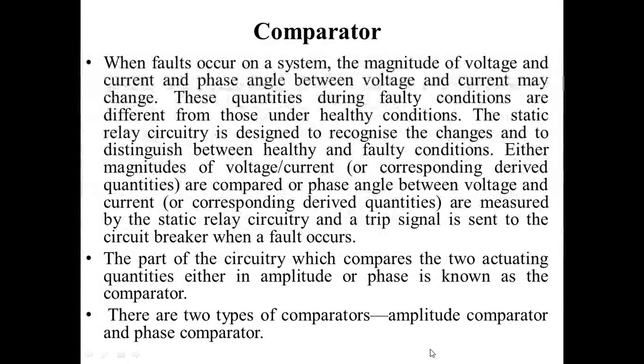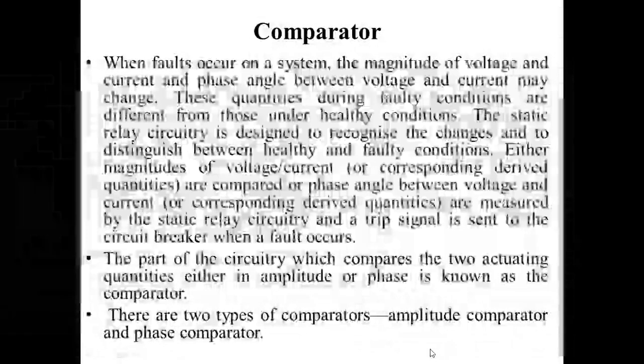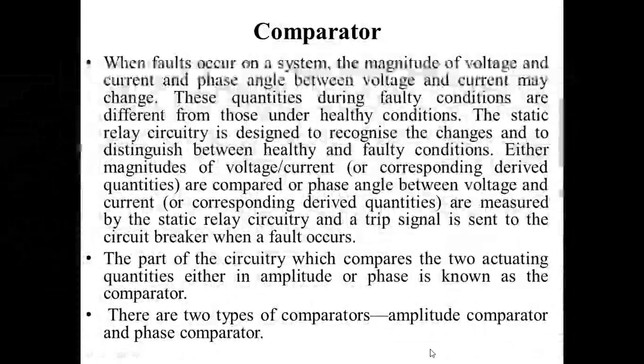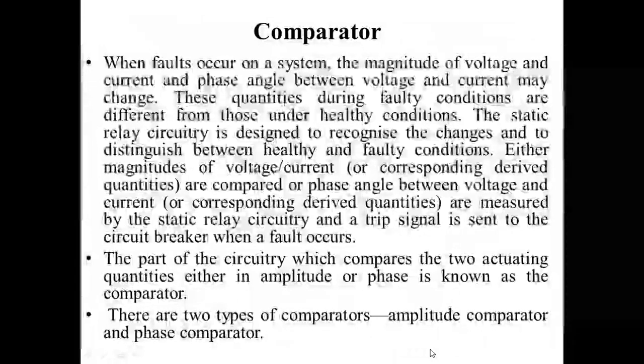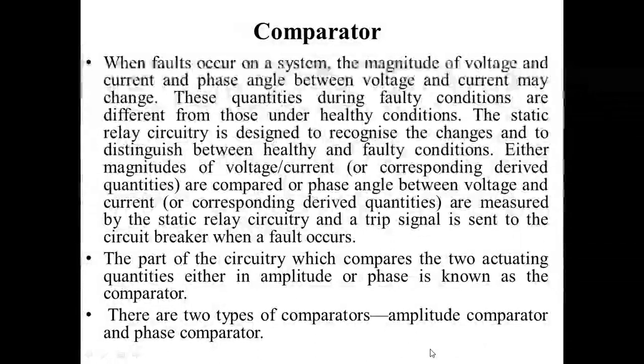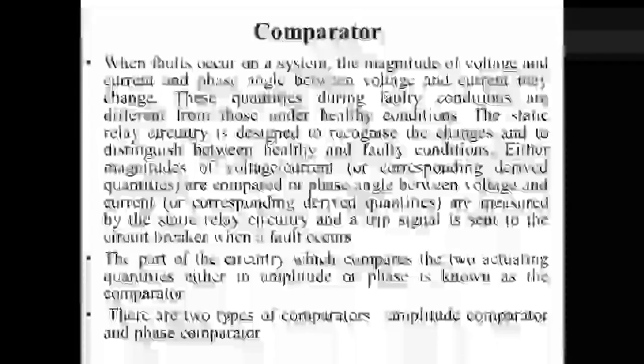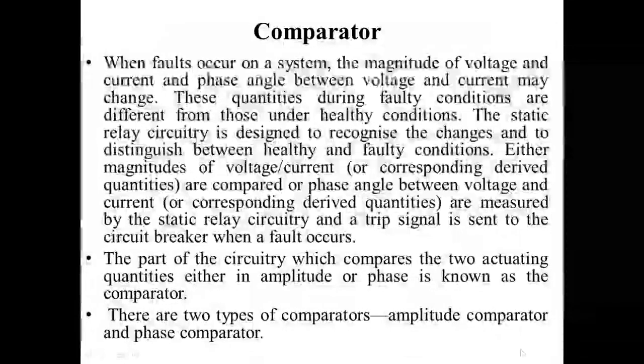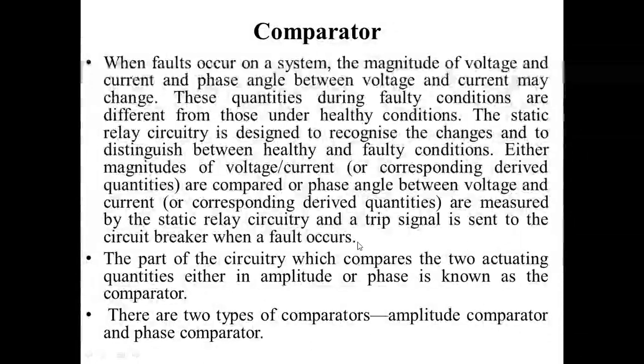But in the static relay circuitry, there is a comparison between the magnitude of voltage and current and the angle of voltage and current. When there is a difference between these two quantities, the static relay circuitry compares them, and then a trip signal is sent to the circuit breaker when a fault occurs on your system.